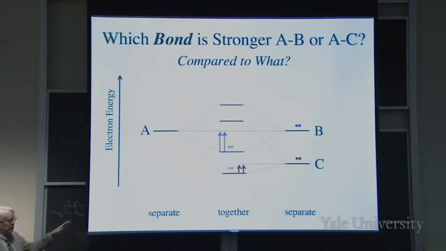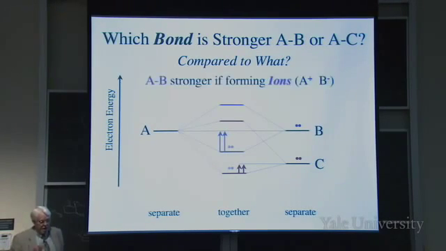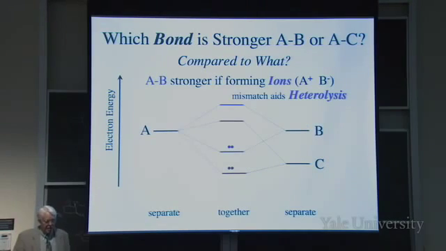But it would be possible to do this, and it might be plausible in the case of AC, where C is lower in energy than A, although the repulsion might make it better to go one on C and one on A. Okay, but anyhow, suppose you break it this way. Which one would be easier to break? Which requires less energy? Red or blue? Red requires less energy. Okay, so AB is stronger if you're forming A plus B minus, if both the electrons are going the same way, right?